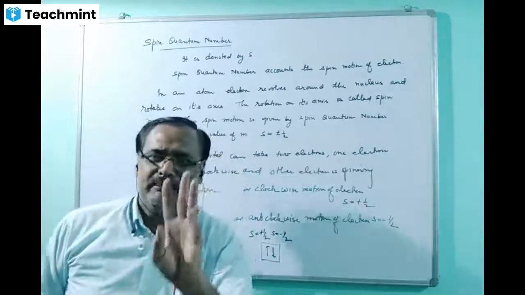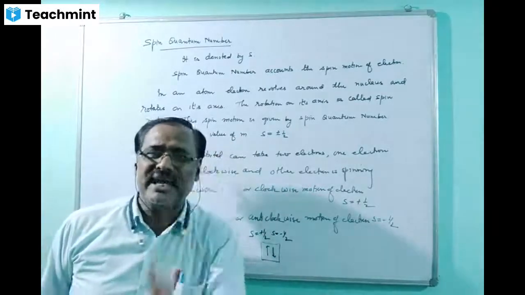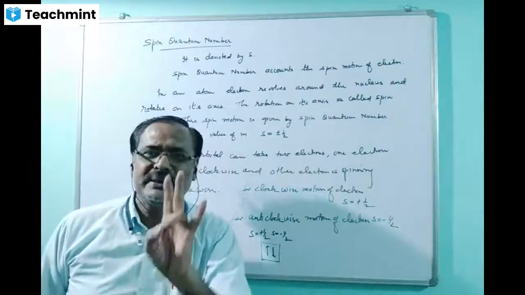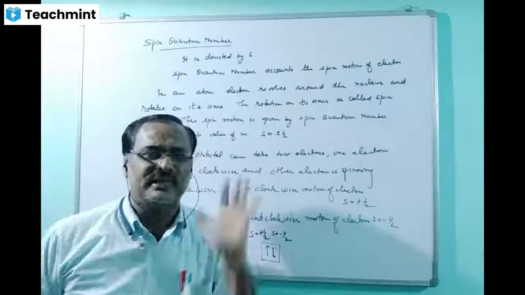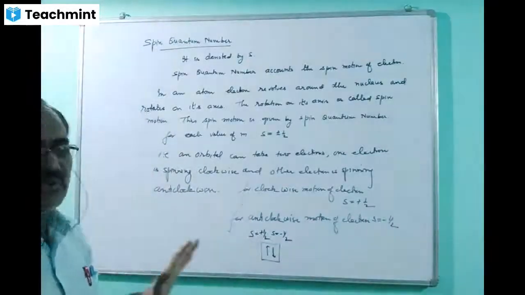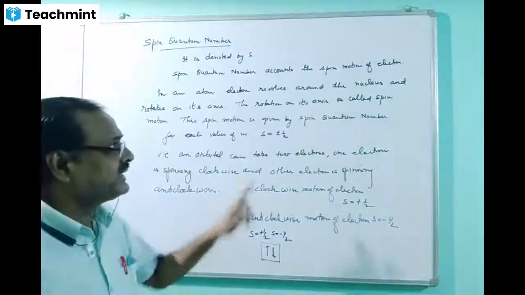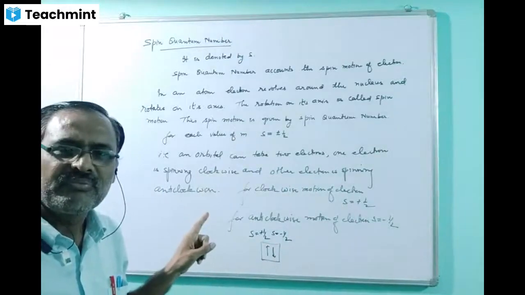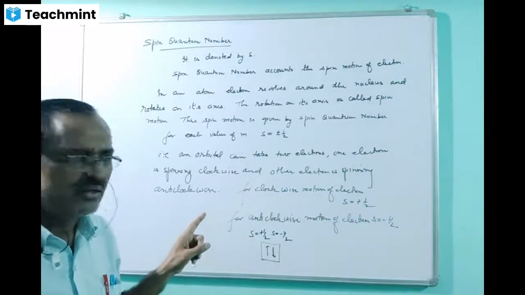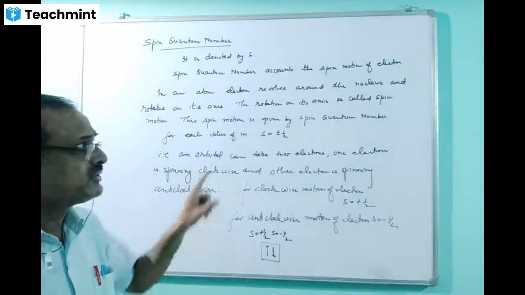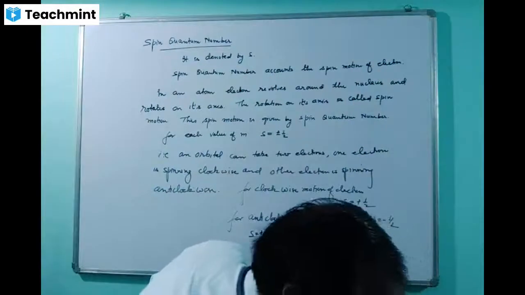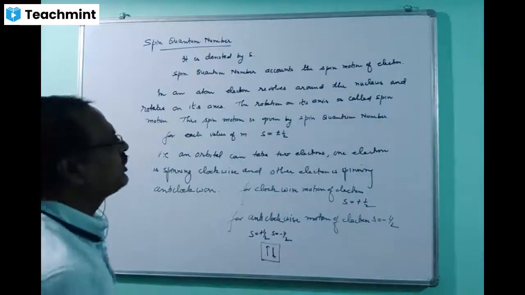Then the magnetic quantum number describes the orbital. And the spin quantum number gives the spin motion of electron. I am going to write in short what I told you. It is useful for you. You can write in your copy.